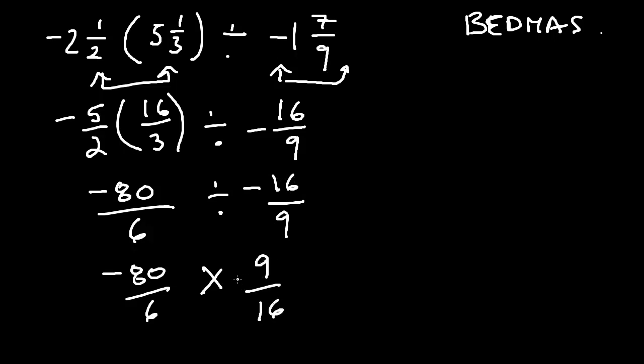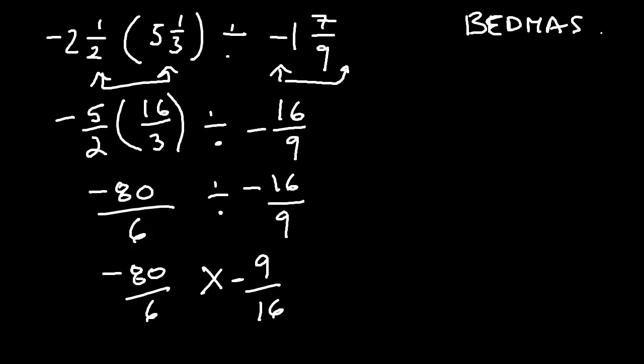And also we have the negative up front. So remember, whenever you're dividing fractions, we don't directly divide them. What you do is you multiply by the reciprocal. And if you need a refresher on multiplying and dividing fractions, please refer to my previous video on multiplying and dividing fractions.